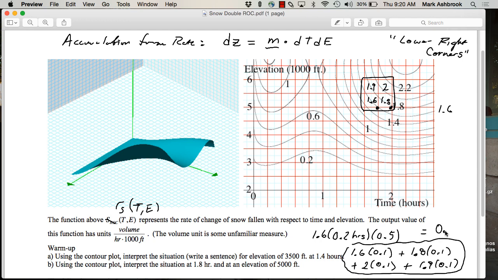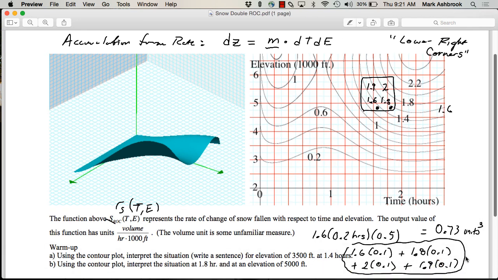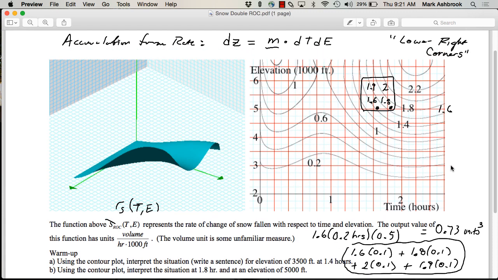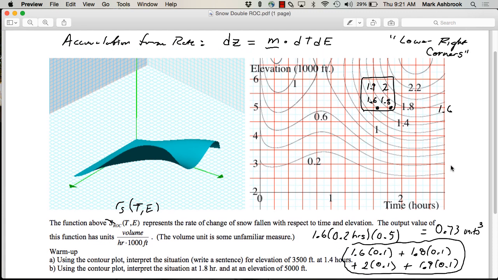And so it's units cubed, whatever it is, some volume. So that's not exact, right? That's an estimate based on how we estimated the constant rates.